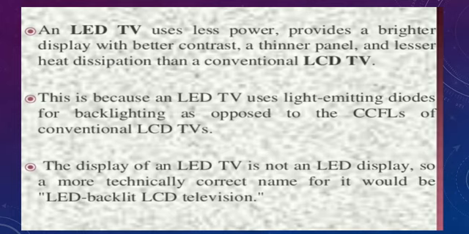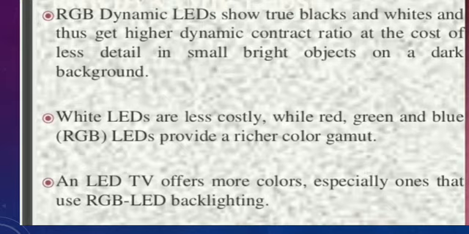Okay, students, continuation. RGB dynamic LEDs. So what is R? Red. What is G? Green. What is B? Blue. So these are the RGB, and RGB dynamic LEDs show true blacks and whites and thus get a higher dynamic contrast ratio, at the cost of less detail in smaller bright objects on a dark background.